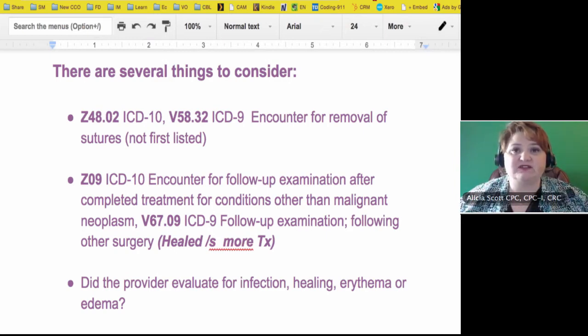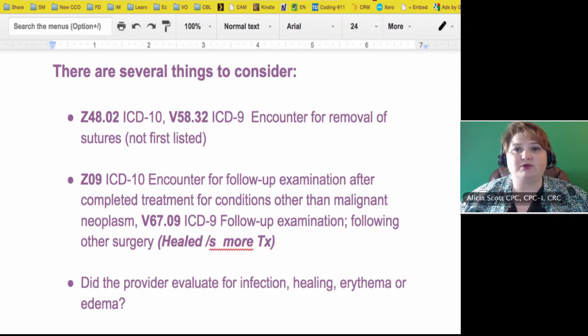In addition, I was told that in some cases Z09, encounter for follow-up examination after completed treatment for conditions other than malignant neoplasm. This does not translate or convert from 9 to 10 as well, because in ICD-9 it's V67.09 that a lot of people will use, and it's a follow-up exam following other surgery, whereas Z09 is much more specific.